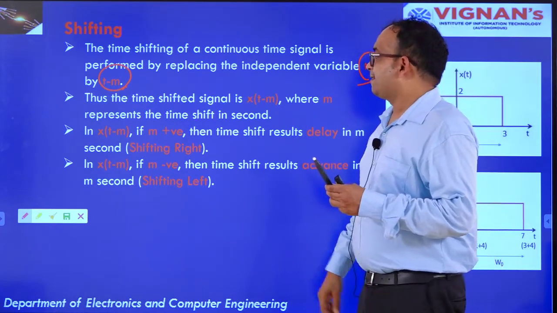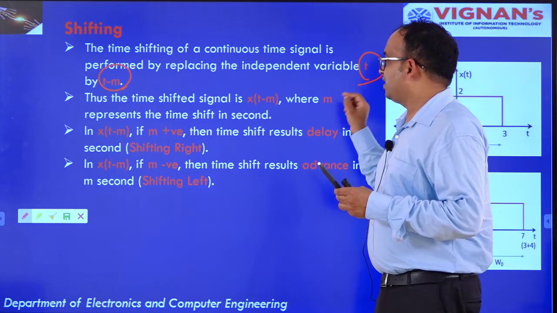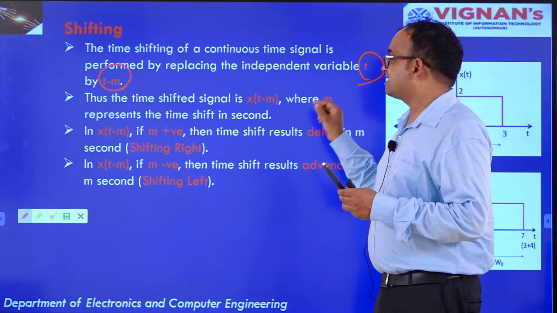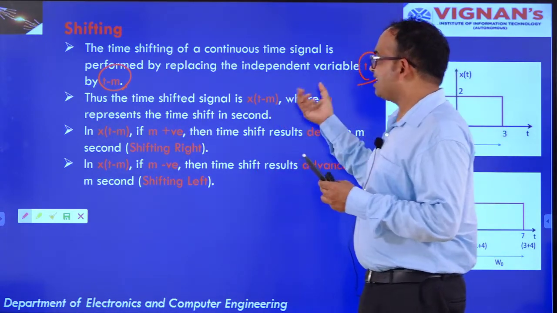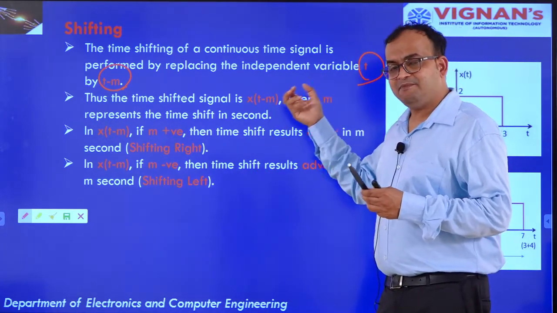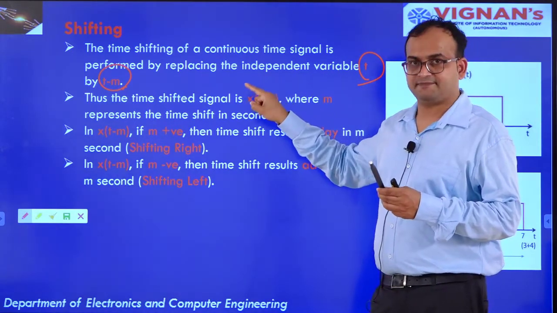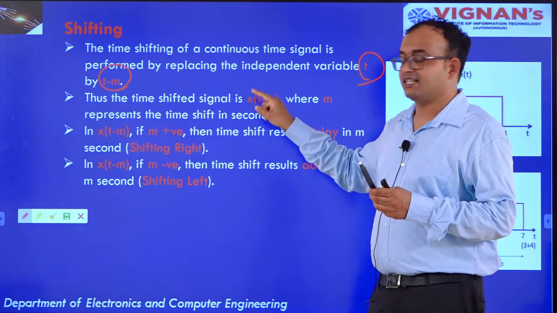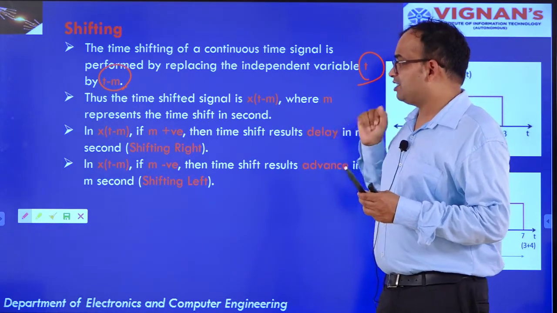Thus the time shifted signal is x of t minus m, where m represents the time shift in seconds. As I am doing a time shift operation, m must be in seconds.